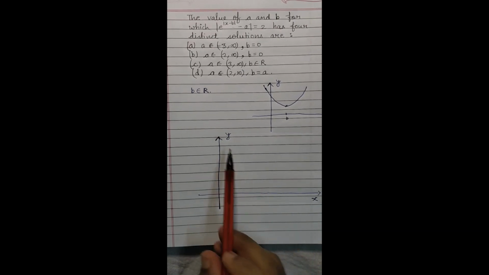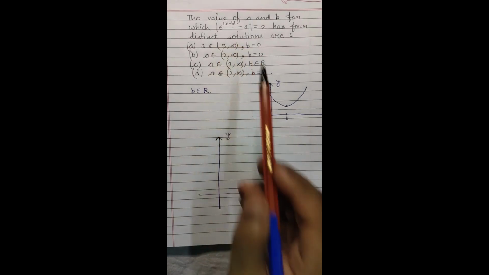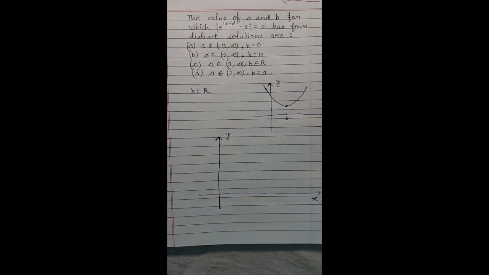In order to find 4 distinct solutions, I will draw y is equal to 2 and I will draw the graph of e to the power x minus b minus a. Now let us take a to be 1.